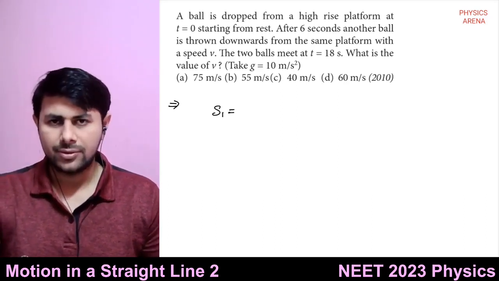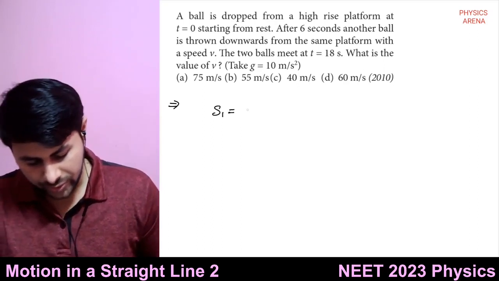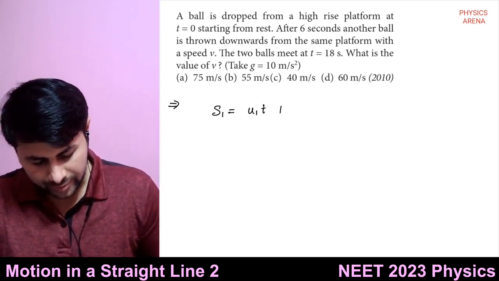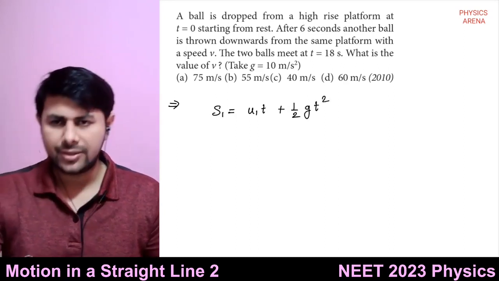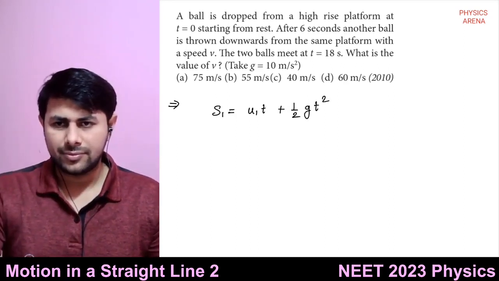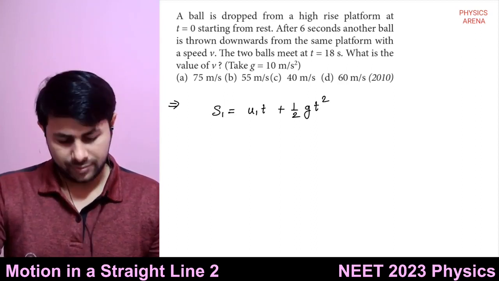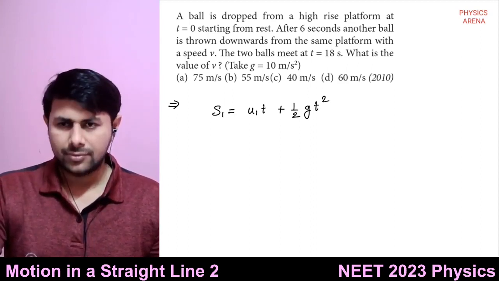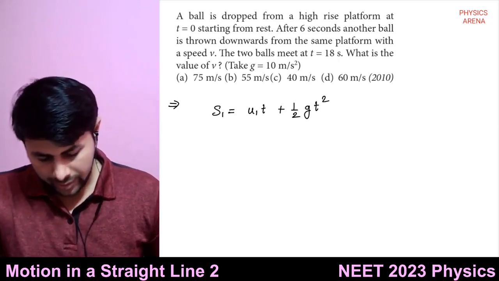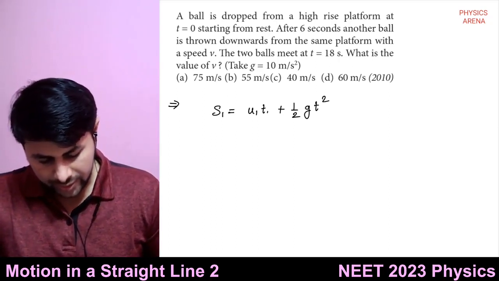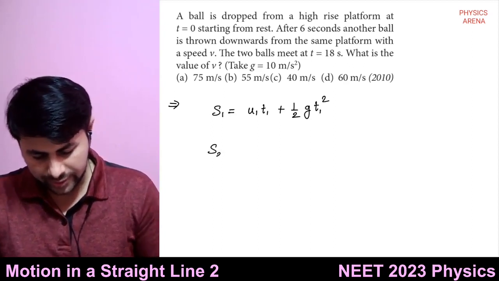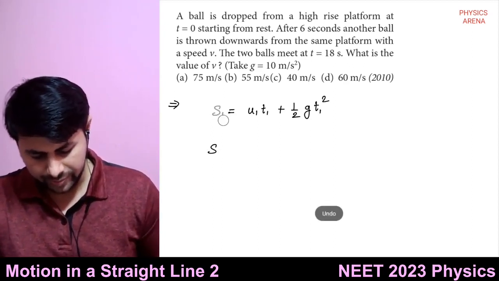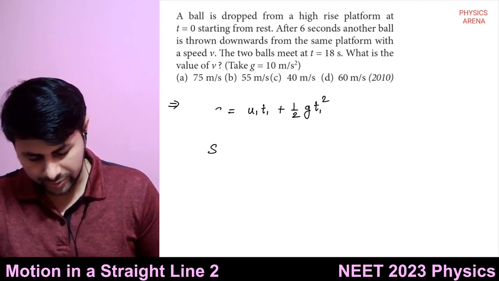Let's call it u1 t plus half of g multiplied by t square. Let's call this t1, and for the second ball the distance will be the same. So the distance covered will be same.